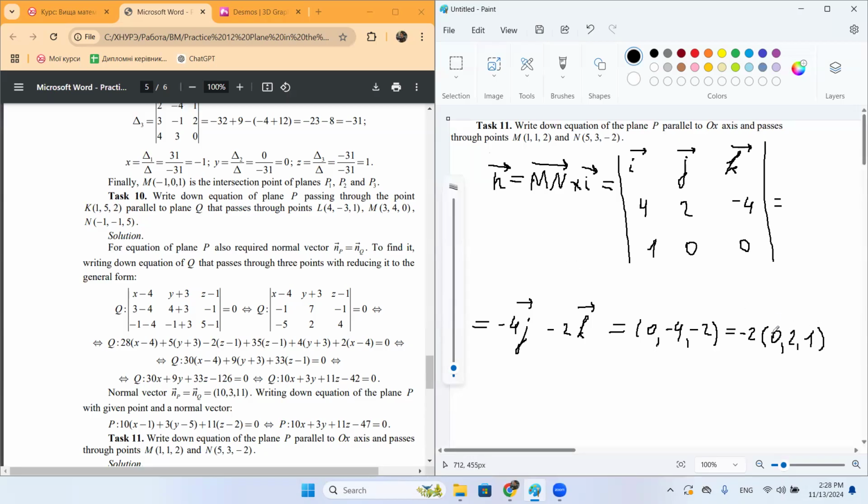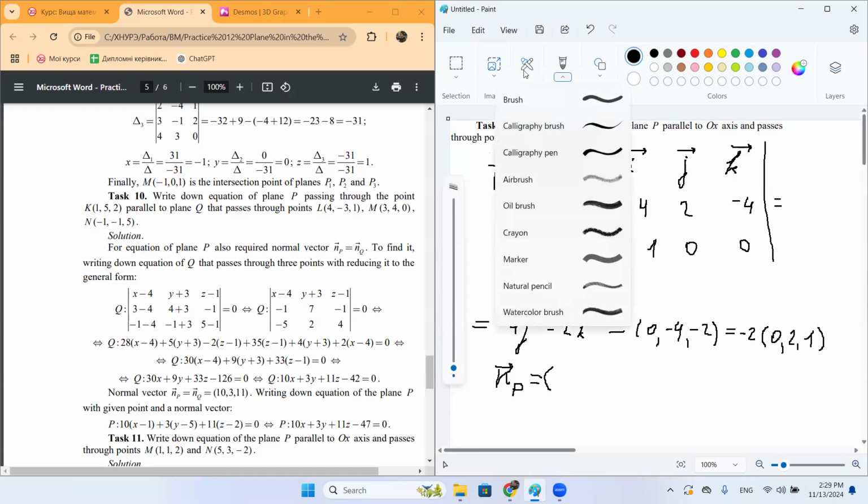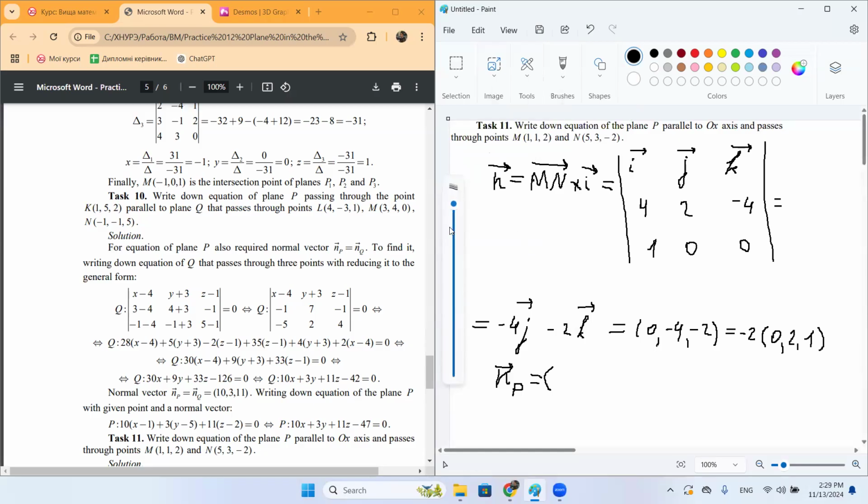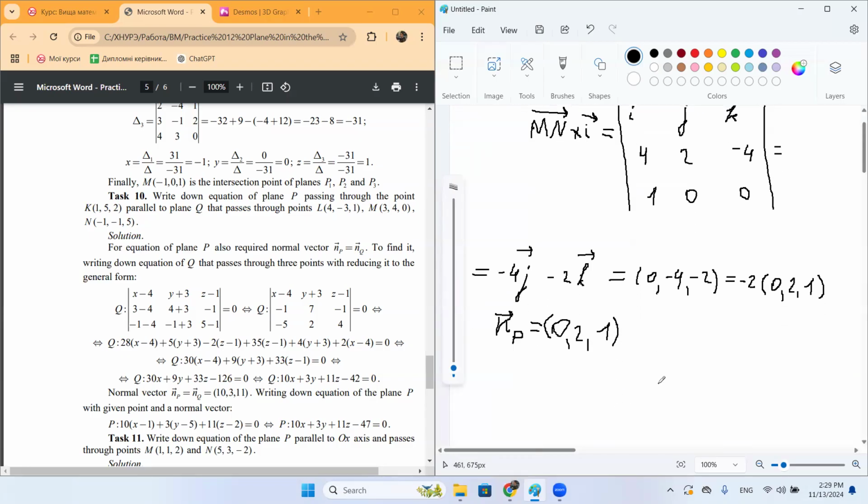So it will be okay to use the vector with the coordinates 0, 2, 1. So NP, let's write it in such a way. I will even erase n here. So just the cross product, and the normal vector will be just 0, 2, 1. So simplifying our life, basically the part of our life related to this task.